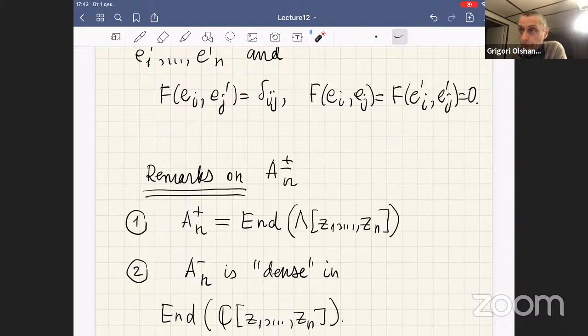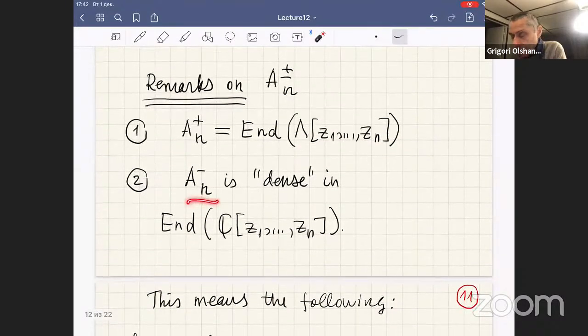Actually, we can get all possible operators here, or just compare the size of the algebra, because the dimension of this algebra is just this one, which is the dimension of the algebra of all operators on this finite dimensional space.